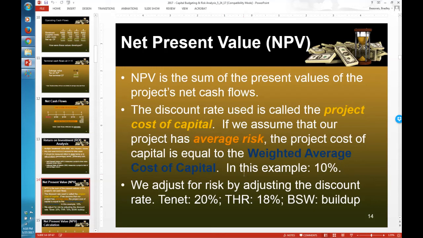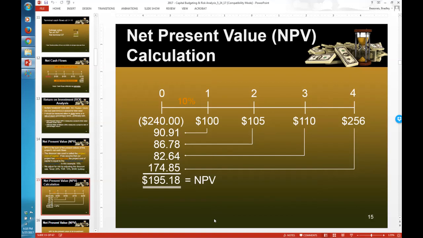But in this particular example, we're going to stick with our 10% weighted average cost of capital just to see where things start out. So again, this is what the valuation process looks like. Brings it back to a starting net present value of $195,000 and change.